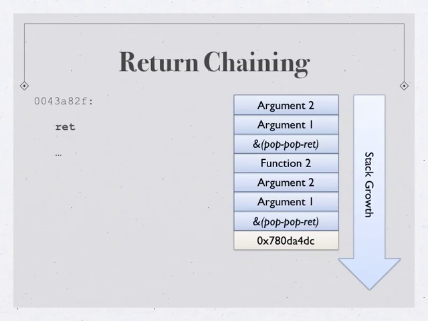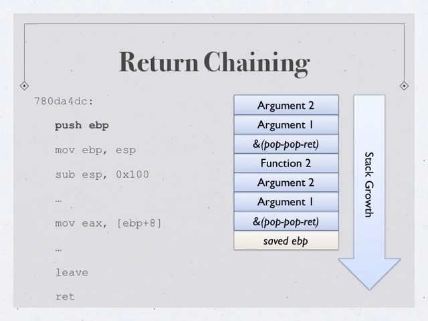Here's an example of how it works. Say we've overwritten the stack. You can see on the right the values we've overwritten the stack with, and on the left are the instructions that execute. The return instruction will pop a value off the stack and start executing a function. The instructions here are the typical function prolog, which saves the frame pointer, and then it uses the arguments, pulling them off the stack, which is data that we control.